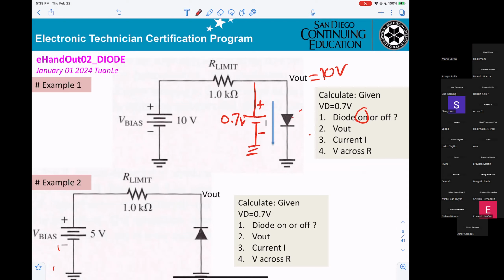The question is, what is V out? V out means you measure from here to the root. What is V out supposed to be? Who knows? 9.3.